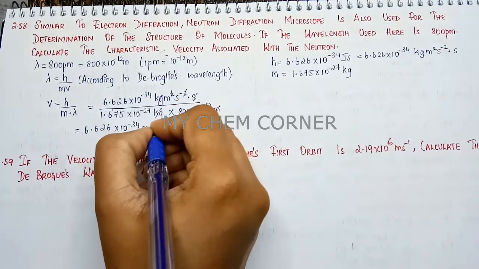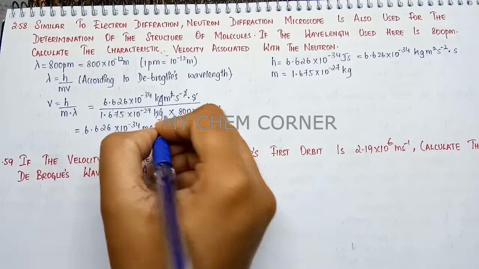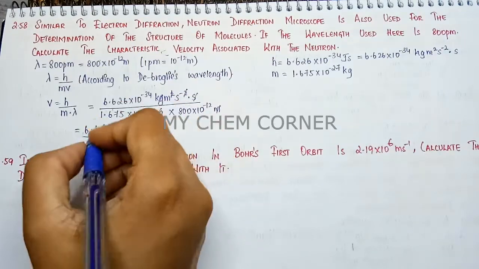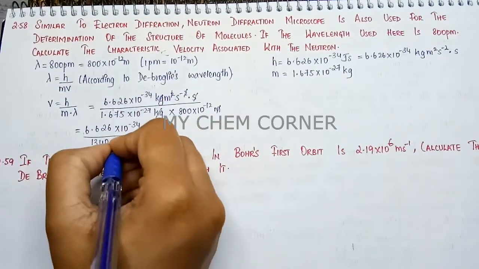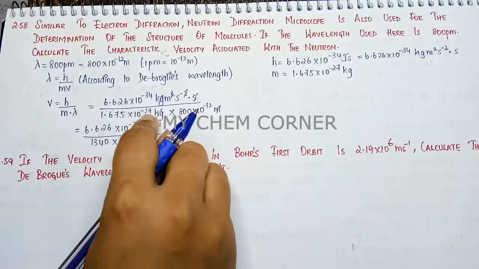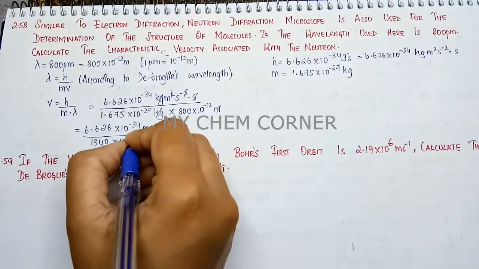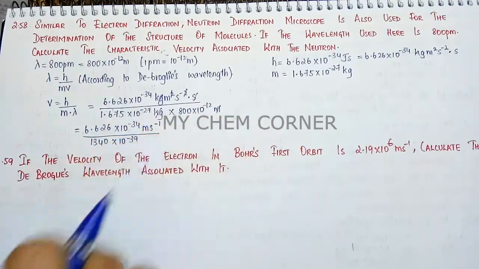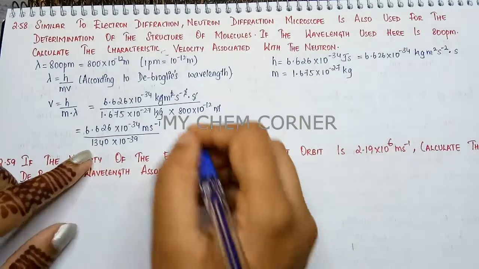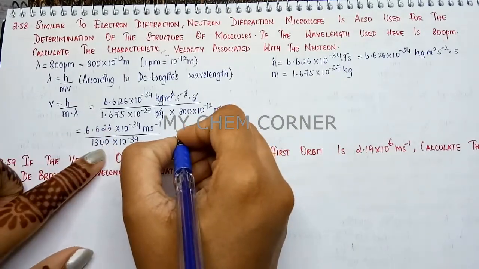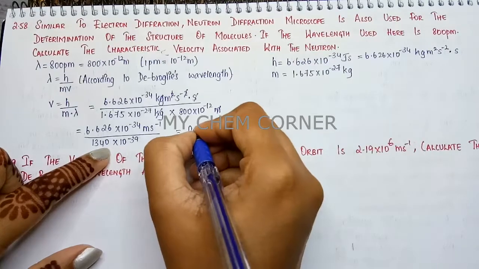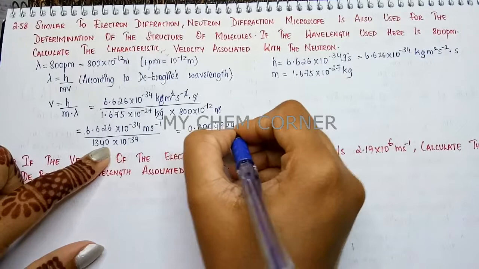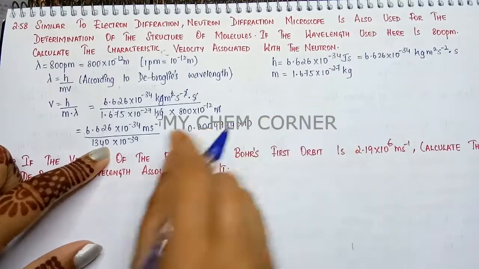So meter and we have seconds inverse divided by 1.675 into 800, which will give 1340 into 10 to the power minus 27 minus 12, which will give minus 39. Here there's nothing in the denominator, they're all cancelled. Now when you divide both of these, 6.626 divided by 1340 will give 0.0004944 into 10 to the power minus 39.